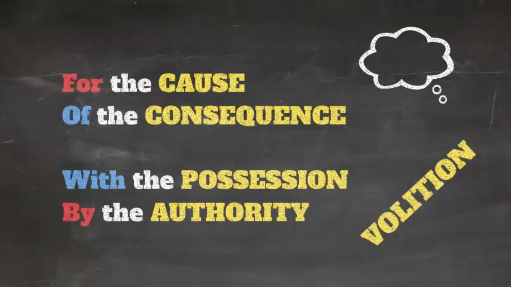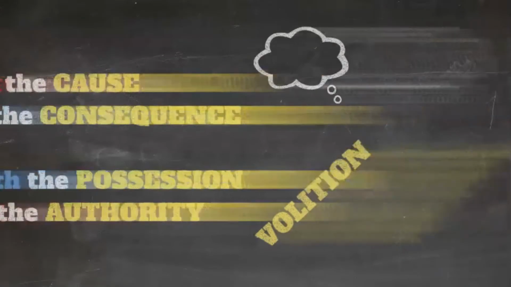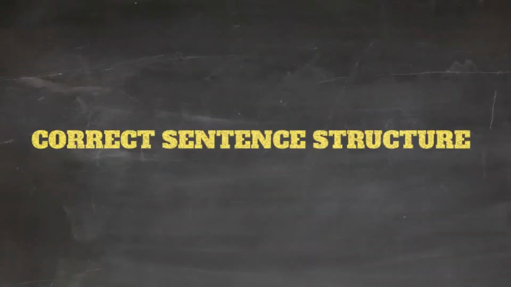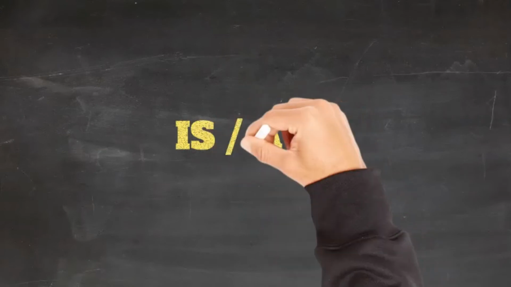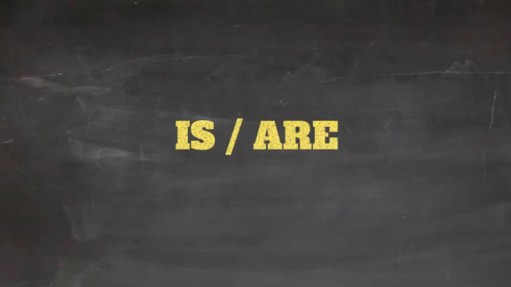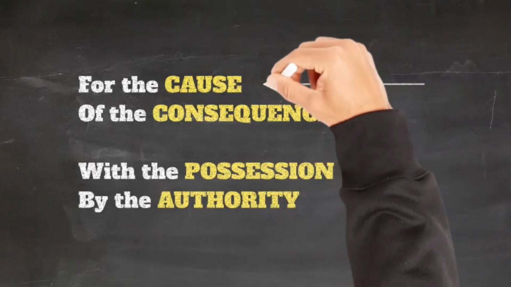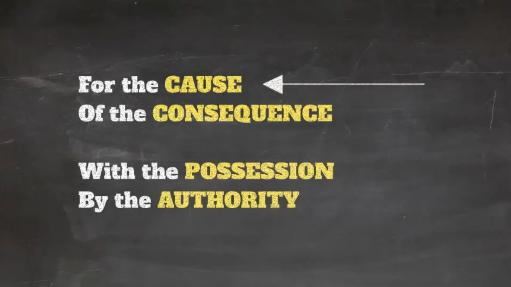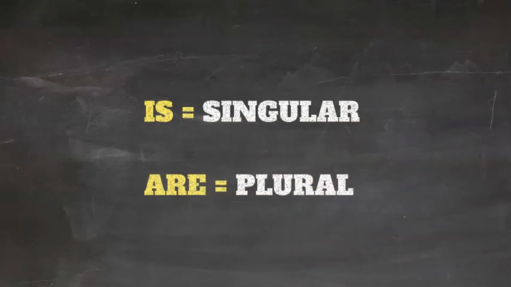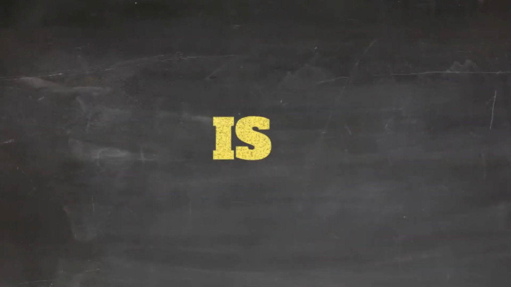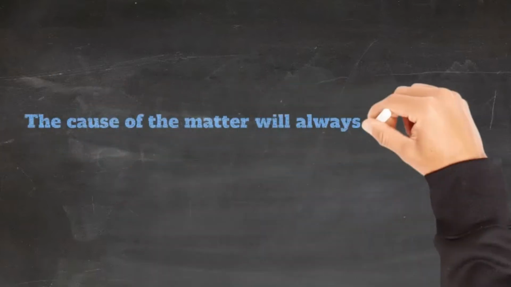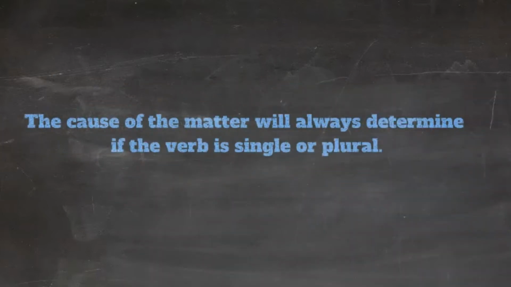So, to convey my volition in writing through a correct sentence structure, I must show my verb of thinking. When I look at these things again, for the cause, of the consequence, with the possession, by the authority, my cause is singular, so my verb of the thinking will be singular. This being, is. The cause of the matter will always determine if the verb is single or plural.